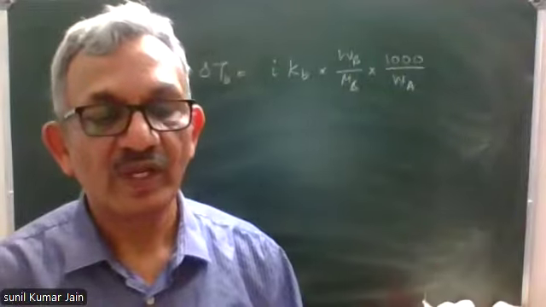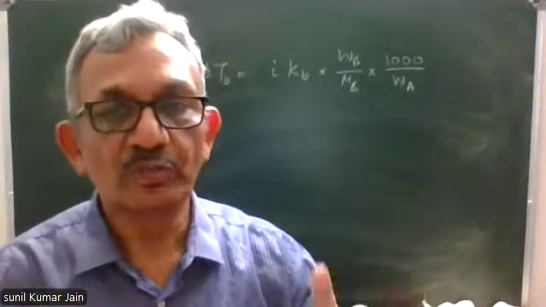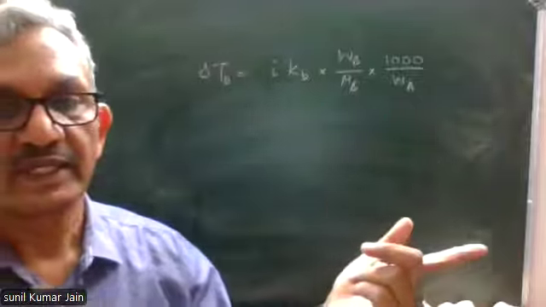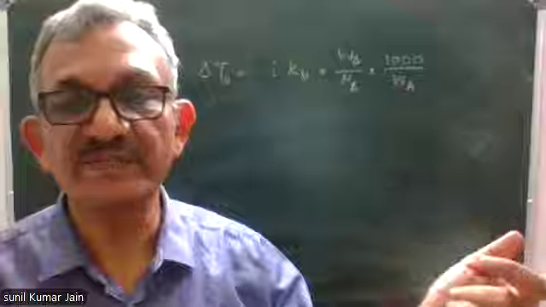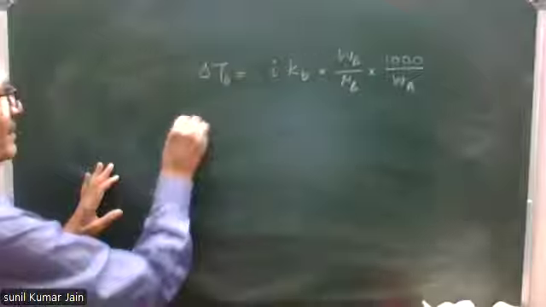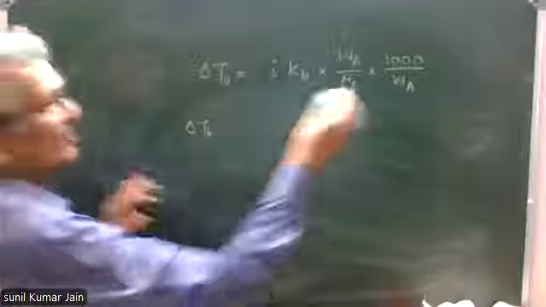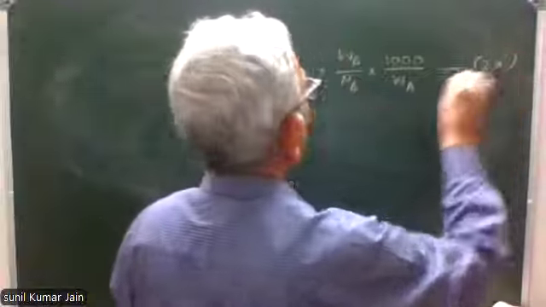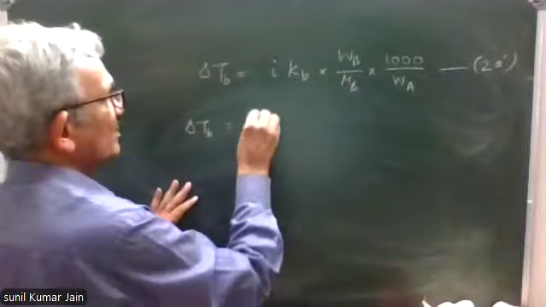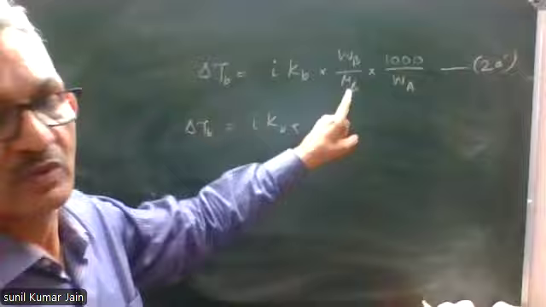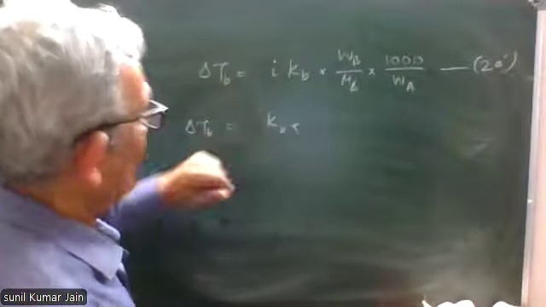Write down, for more than one solute, equation 2C becomes, not 2B, 2C becomes, delta TB is equal to i KB number of moles. Wait a minute, sorry.